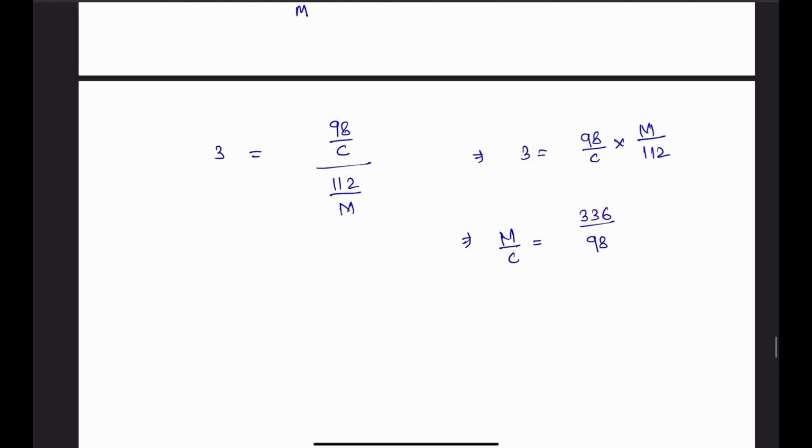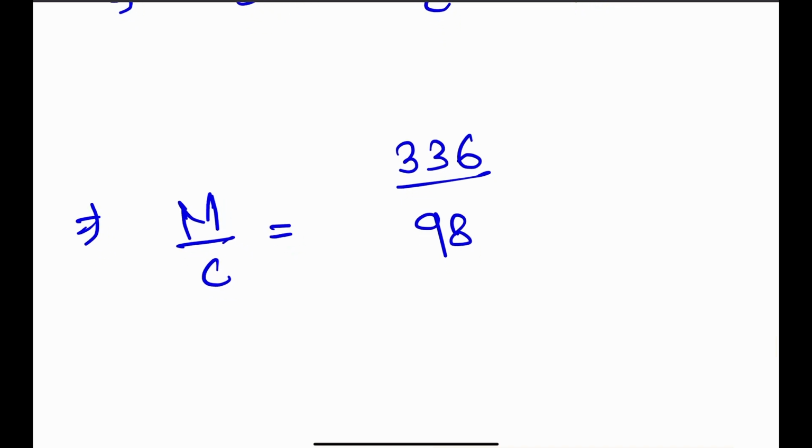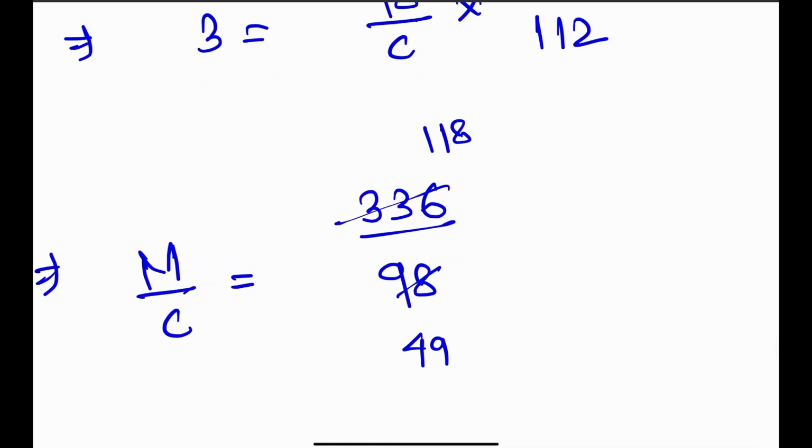Okay, 336 upon 98. Let's see if it is divisible. 49 is divisible by 7, this is also divisible by 7. 7 2s are 14, carry 2, 24.